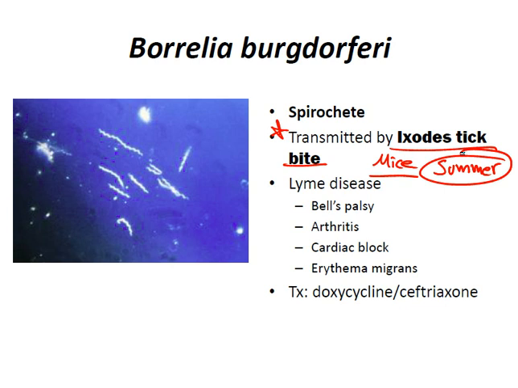Now, the signs and symptoms of Lyme disease can be remembered with the mnemonic BAKE. For Bell's palsy, arthritis, cardiac block, but this would probably need to be a K for BAKE, and erythema migrans. That right there is the signs and symptoms of Lyme disease.